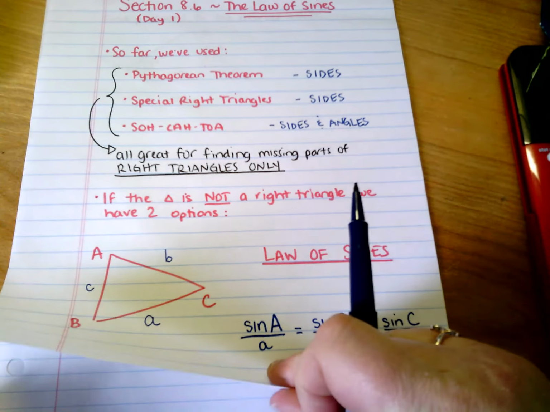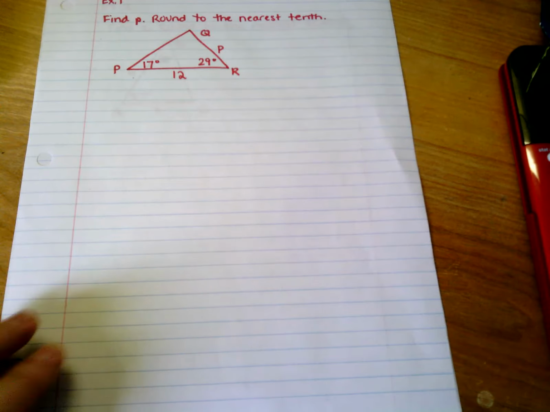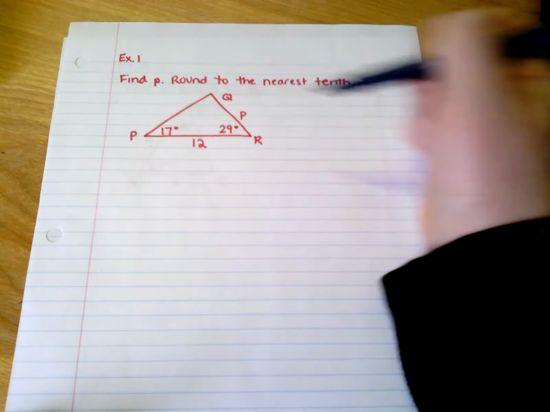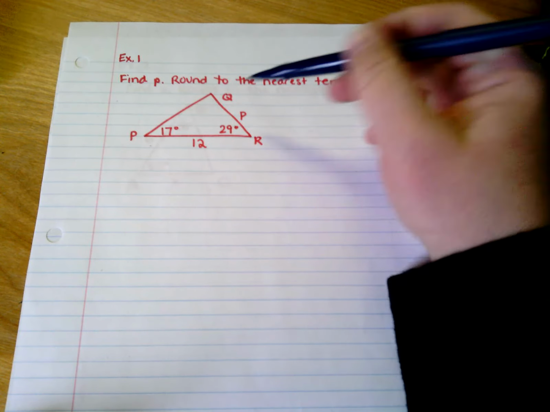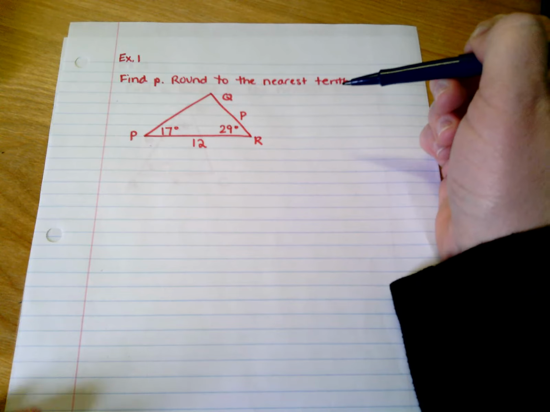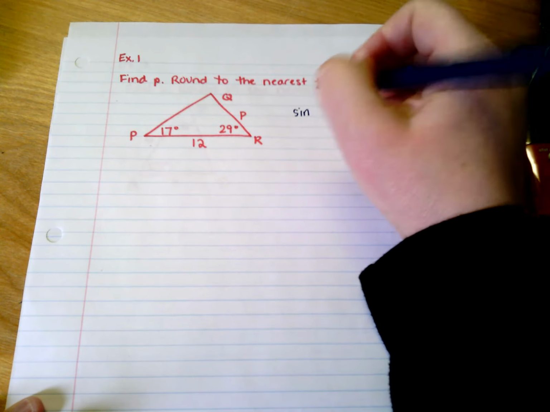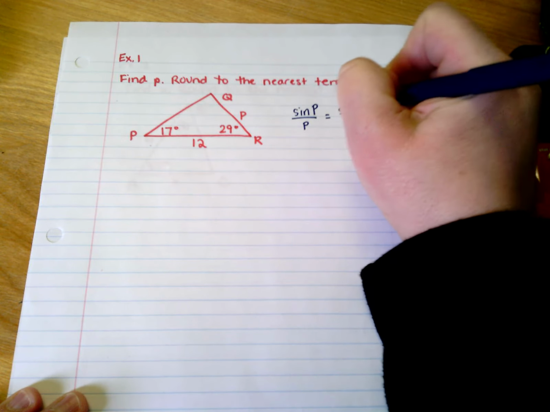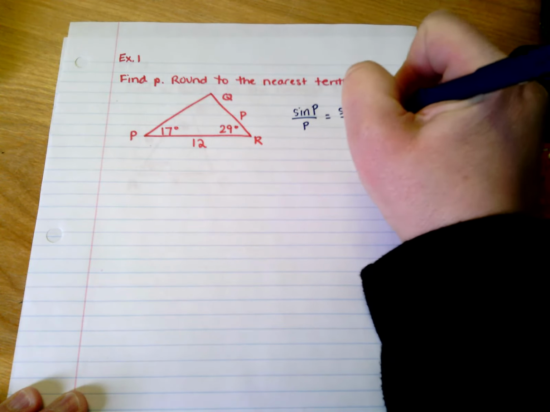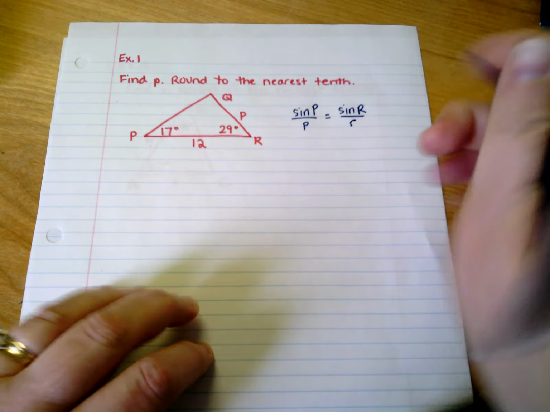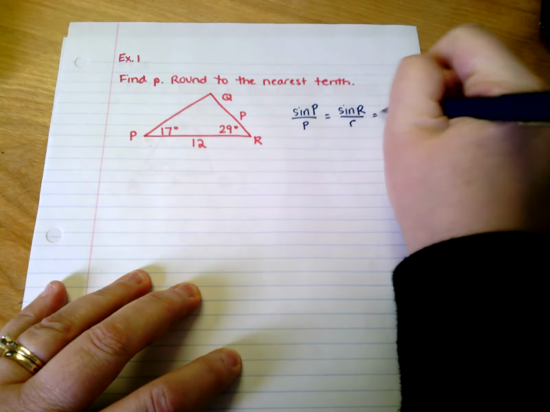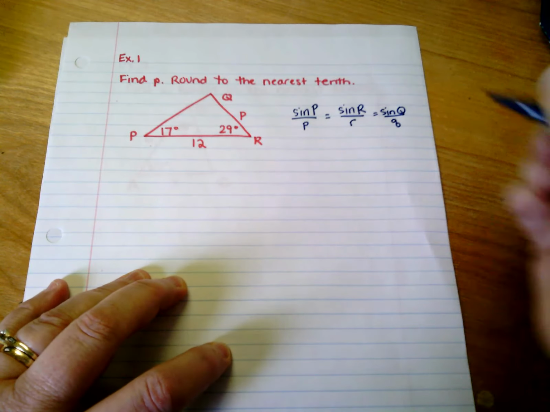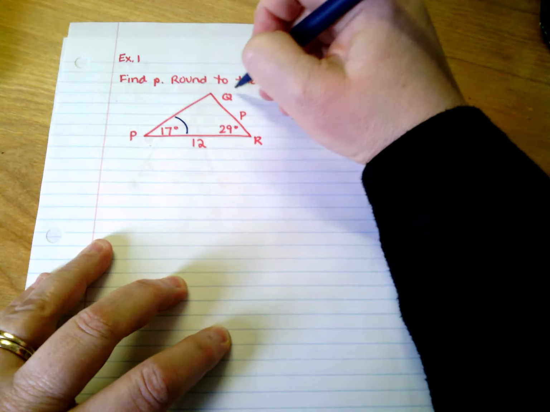So we're going to do a couple of examples. The first, let me move this down so you can actually see it. We're going to find P, so this side over here, round it to the nearest tenth. So obviously this has PQR instead of ABC, but you can imagine the sine of P over side P must be equal to the sine of R over side R, which is also equal to the sine of Q over side Q. Now we have this angle and the opposite side.